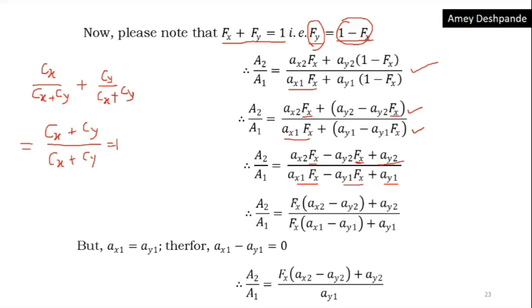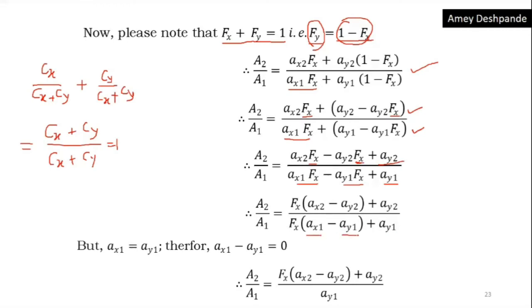Once you have that, you can take f of x common from these two terms only, not from the third term, because there is no f of x. So fx in bracket you get ax2 minus ay2, plus ay2, and in the denominator fx in bracket ax1 minus ay1 plus ay1.